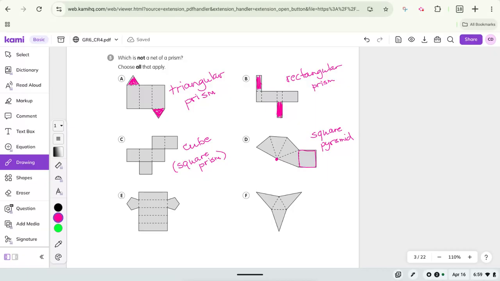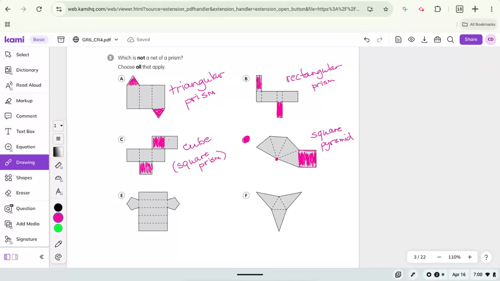And for a cube, again, if I call this the base, then the other base I think would be this one. I think those would end up being parallel to each other. But when you have a pyramid, you only have one base. And we are supposed to be selecting the ones that are not prisms. A pyramid is not a prism, so I'm going to select D.